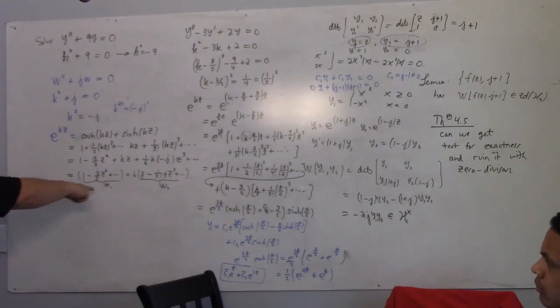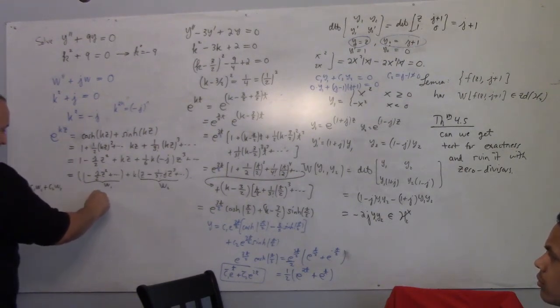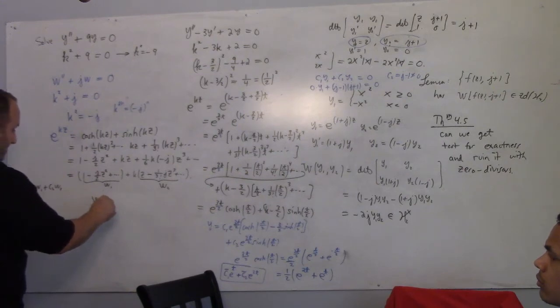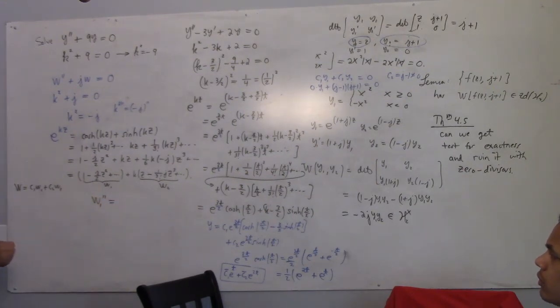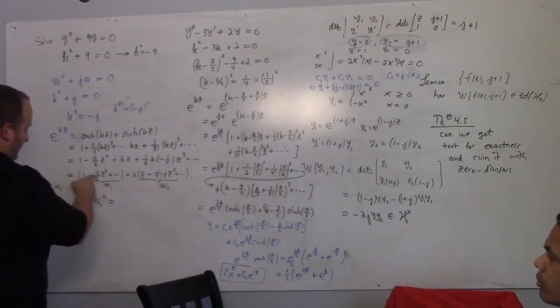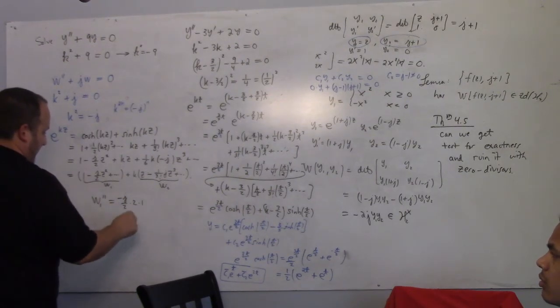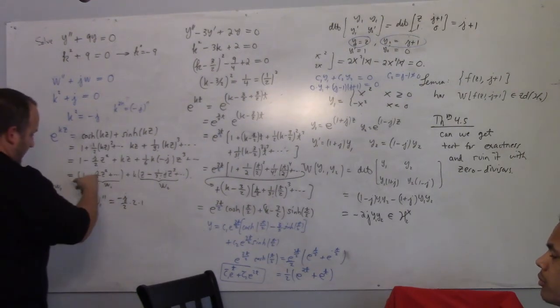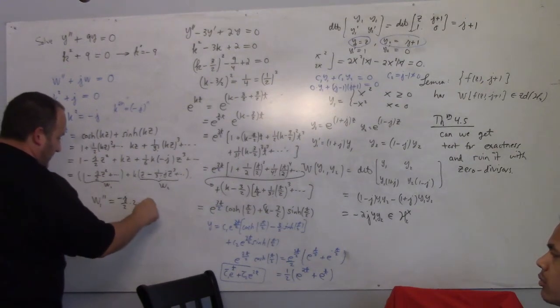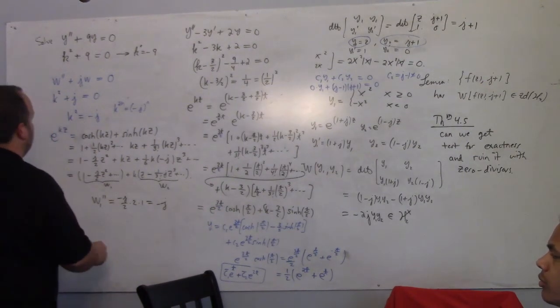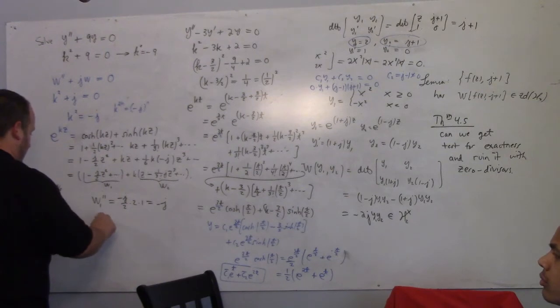We should take W1 prime prime. We differentiate this twice with respect to z, we get minus j over 2 times 2 times 1, right? You differentiate twice, the z squared differentiates down to 2, you've got minus j, right? And so it's W1 plus stuff.